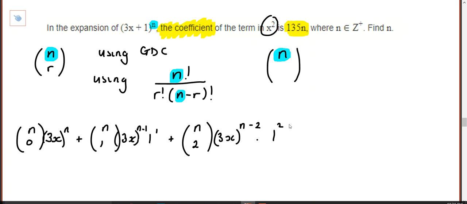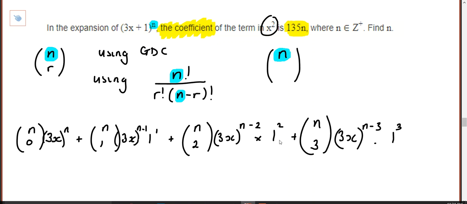Then it would be n3, and it would be 3x to the power of n minus 3 times 1 to the power of 3. I'm going to put a times.